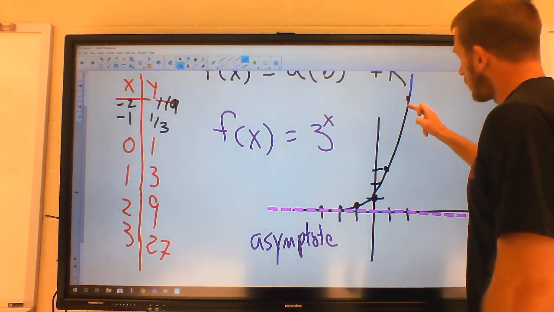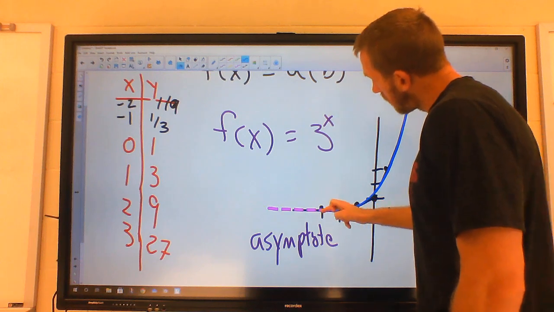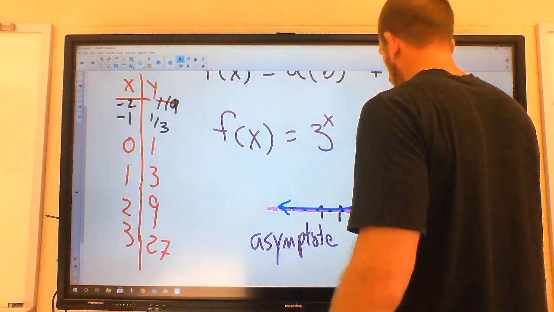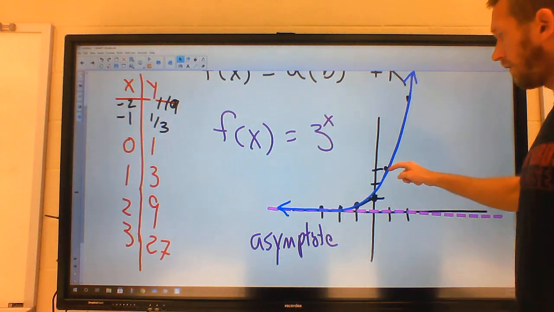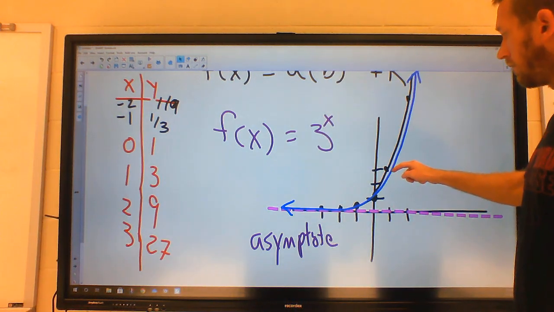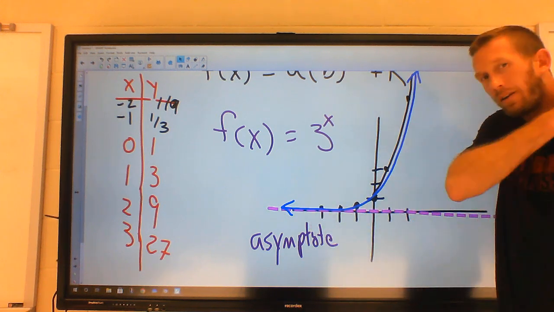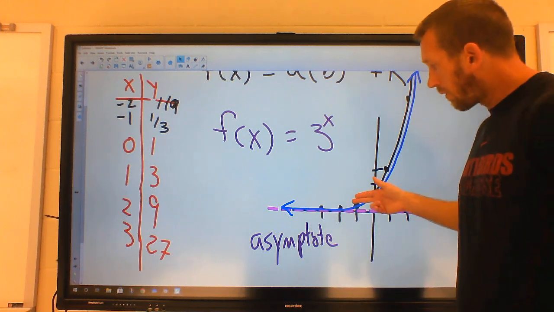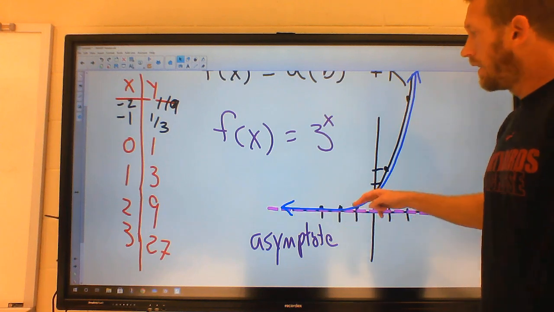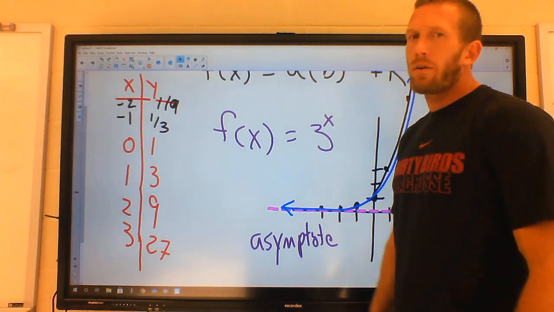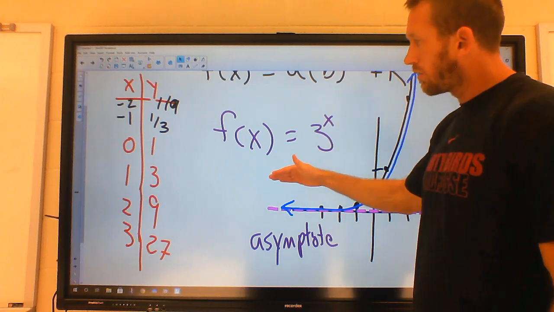Our function itself is just this curved exponential, and hopefully I can do a better job showing that this curved exponential never actually reaches this flat line. It's going to always, in this direction on the left, approach this flat line, but never reach it, right? It's just going to keep getting closer and closer.